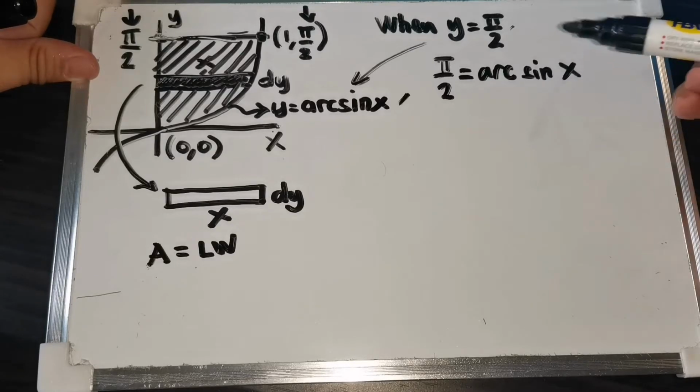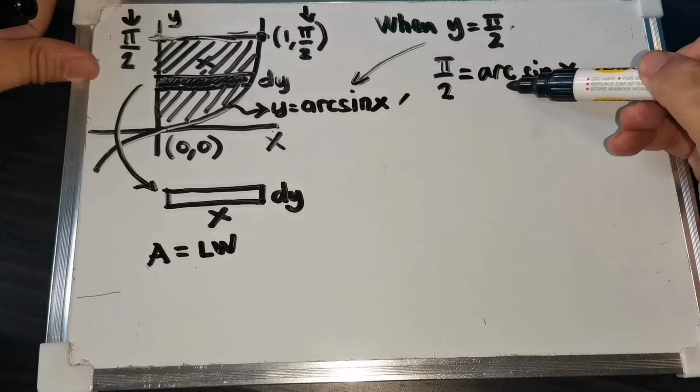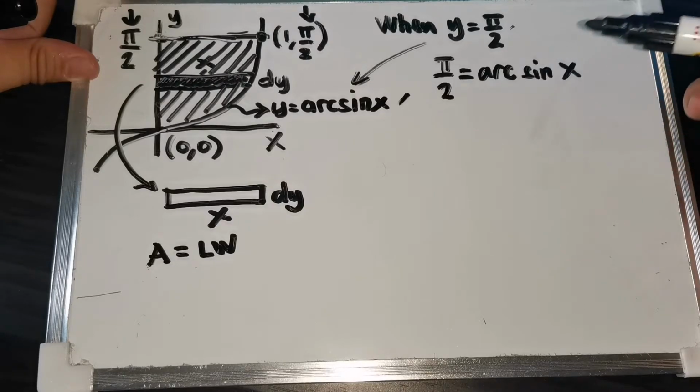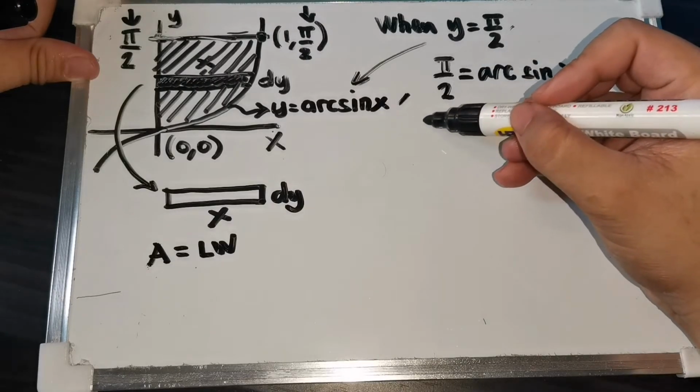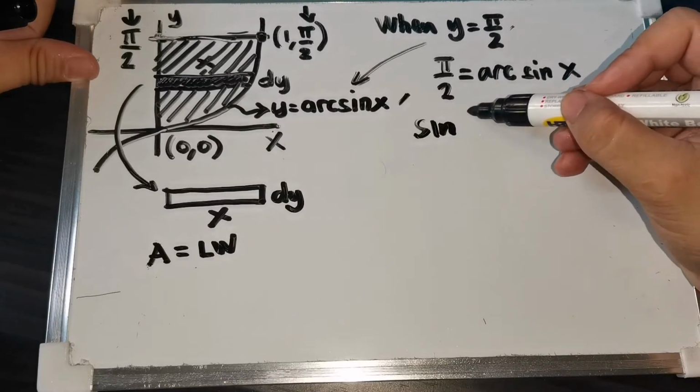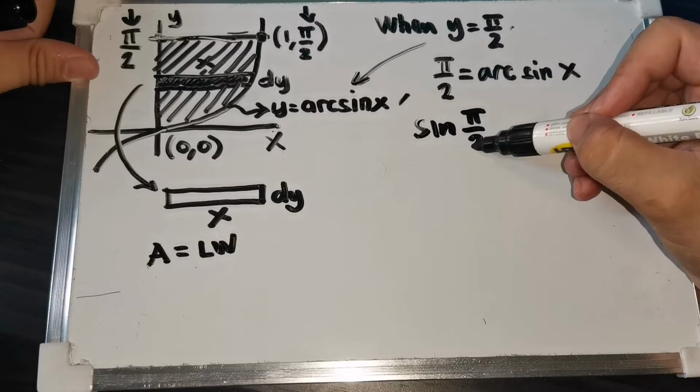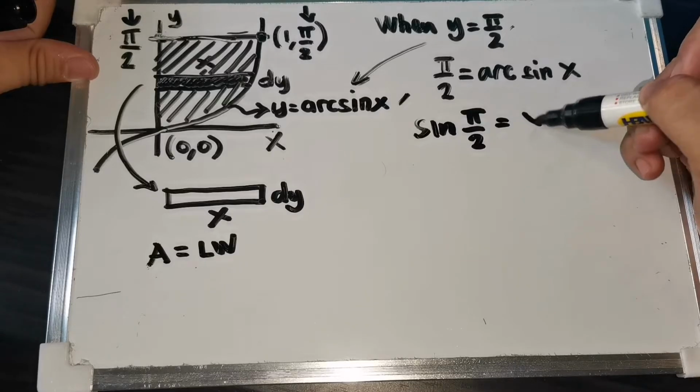The next thing to do is to transfer the arc sine to the left side of the equation, so it becomes sine of π/2 equals x.